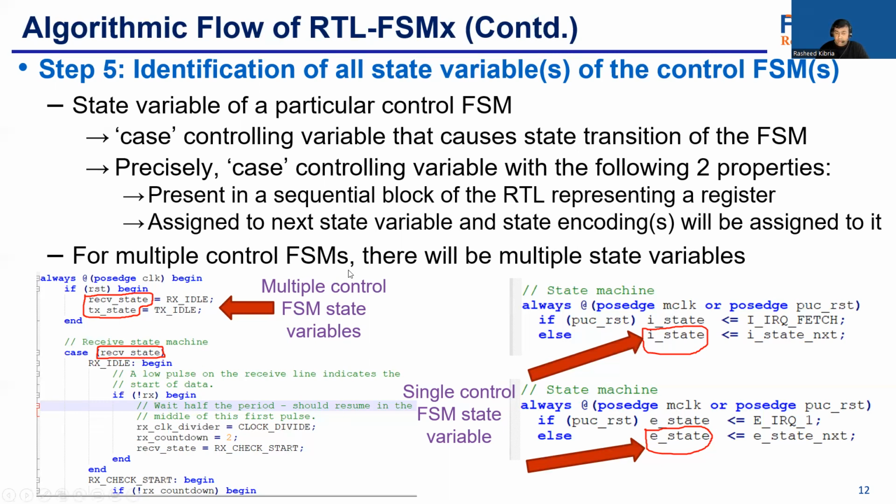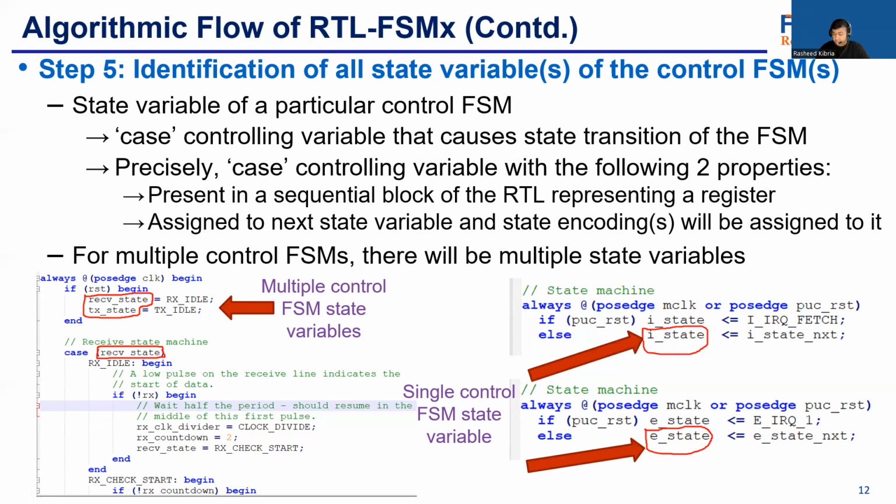Here we see there are multiple control FSM state variables. They can be specified in a certain design using this format, and we see this state variable is controlling a case statement. On the right-hand side, we see two FSM state variables declared and described in two different always blocks.